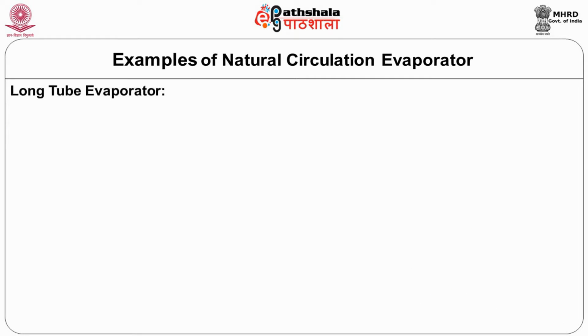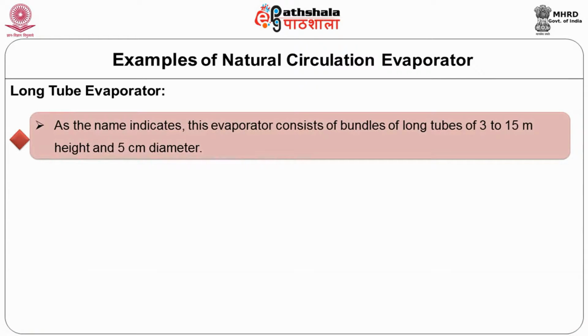Next is long tube evaporators. As the name indicates, this evaporator consists of bundles of long tubes of 3 to 15 meters height and 5 centimeters diameter. Liquid is preheated to boiling point. It is sent to the evaporator.